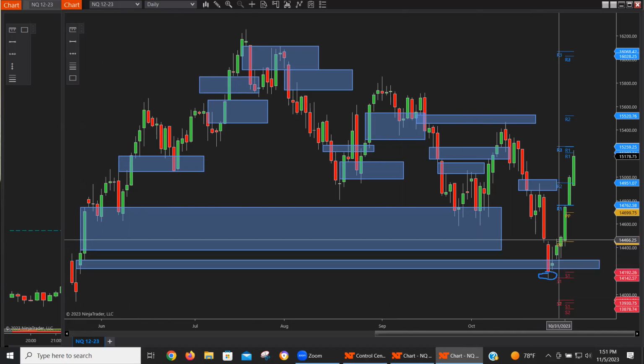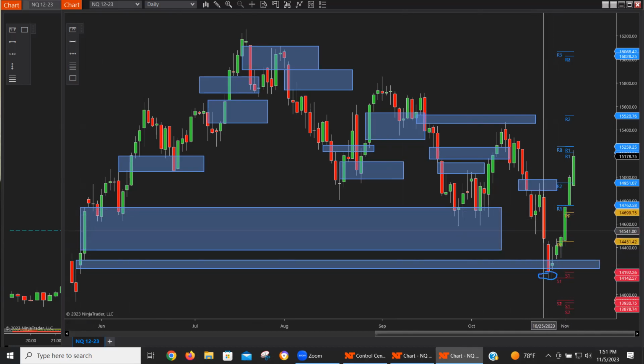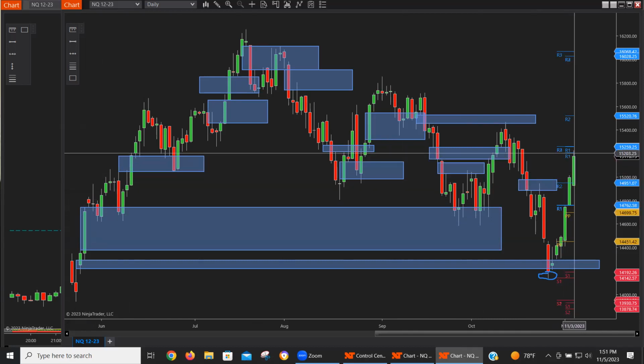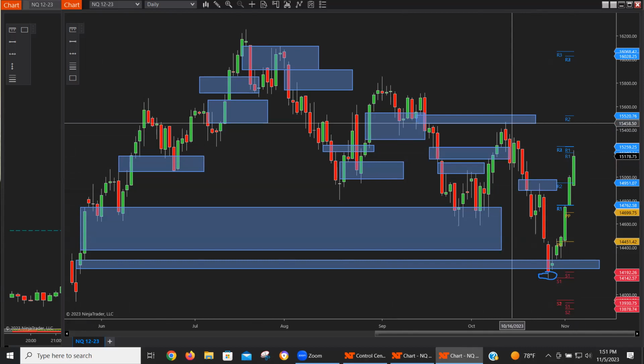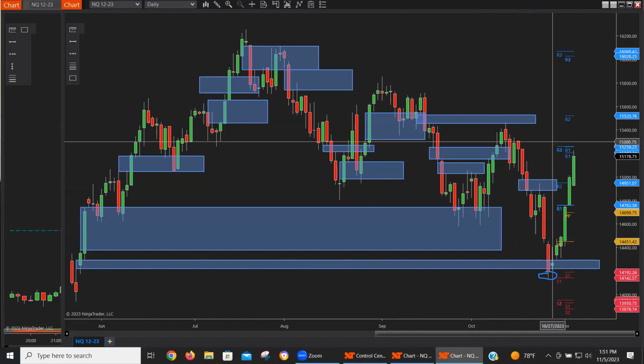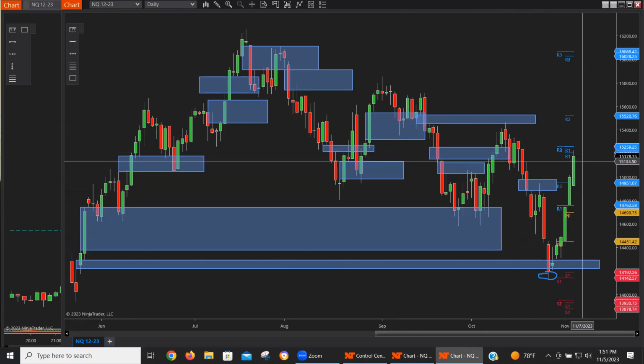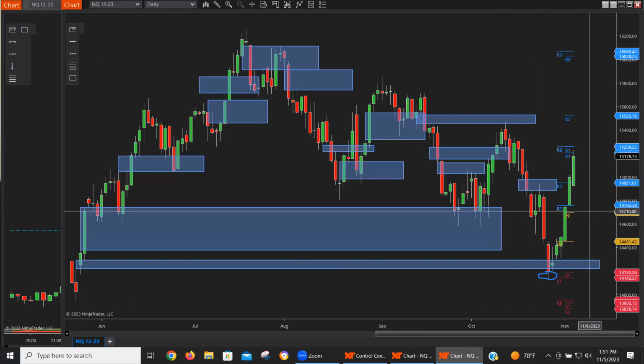And now shooting back up, closing all these imbalances, creating even more imbalances for it to come back to later, and possibly going to come back up to here. This is why I say I'm looking for it to come back up to here before it comes back to clear these. Do you see how this is all mapped out?